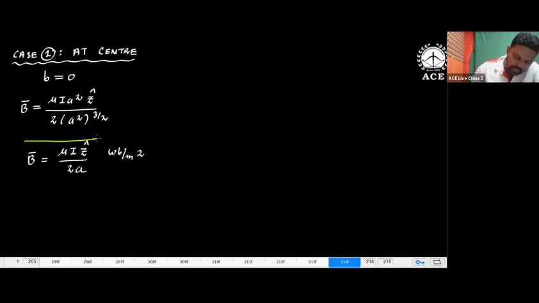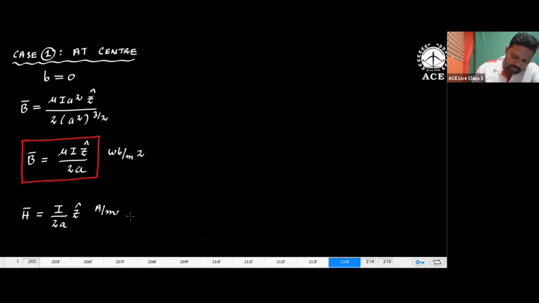This is a modified formula for what? At the center of the circular loop. And you can even find out the H vector. What is the H vector here? I by 2A into Z cap.